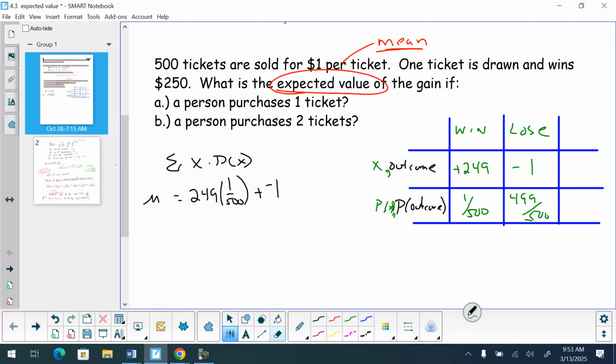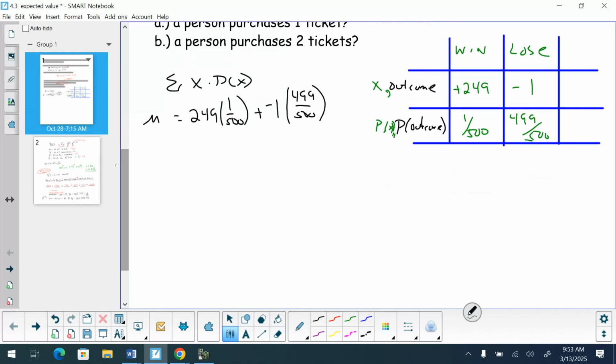Plus a -1 outcome times 499 out of 500. So we have 249 out of 500 plus a -499 out of 500.